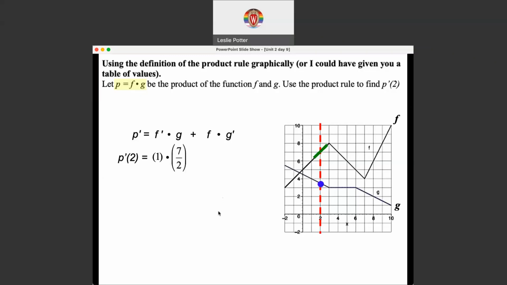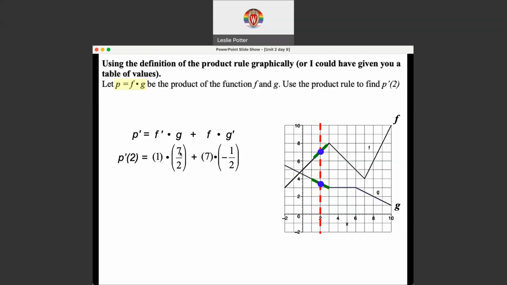I just wrote it as a fraction. Plus function f. What is the function value up here on function f? That is 7. And g prime means I need the slope down here on function g. It looks negative to me, right? Let's go down 1, right 2. So it's negative 1/2.